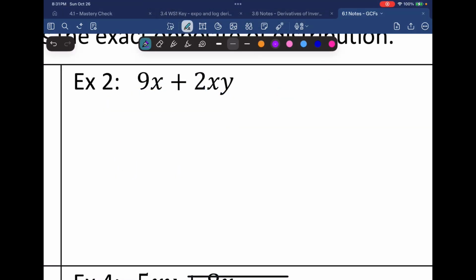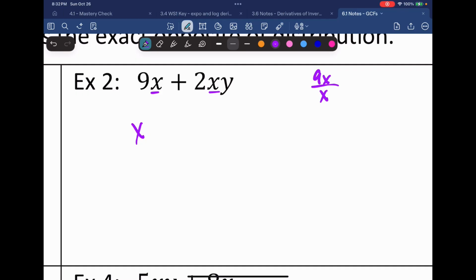Okay, so I don't have any numbers in common for this particular expression, 9x plus 2xy, because 9 and 2 can't be divided by the same thing, but I do have a variable in common. And that variable is x. So I'm going to take it out. You don't have to write this down every time, but if it helps, do it. Basically dividing.